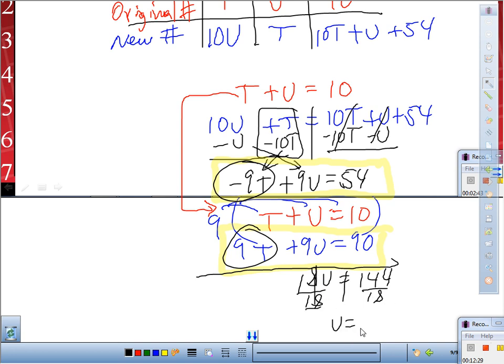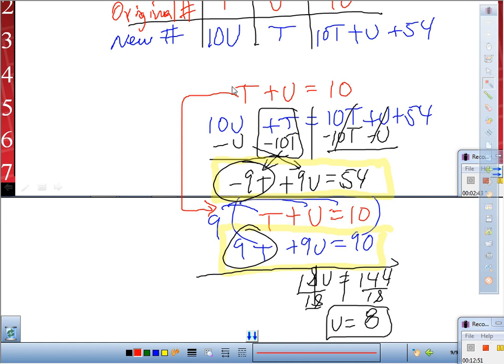U equals, do the division. 144 divided by 18. I'll wait for you guys. 8. Thank you, J-Lo. So now that we have 8, we need to figure out what T is. Is that correct?